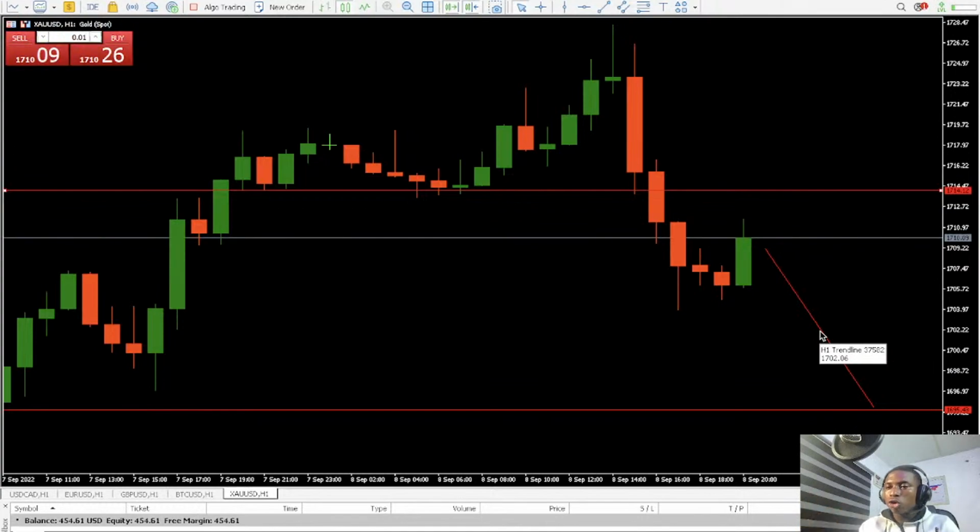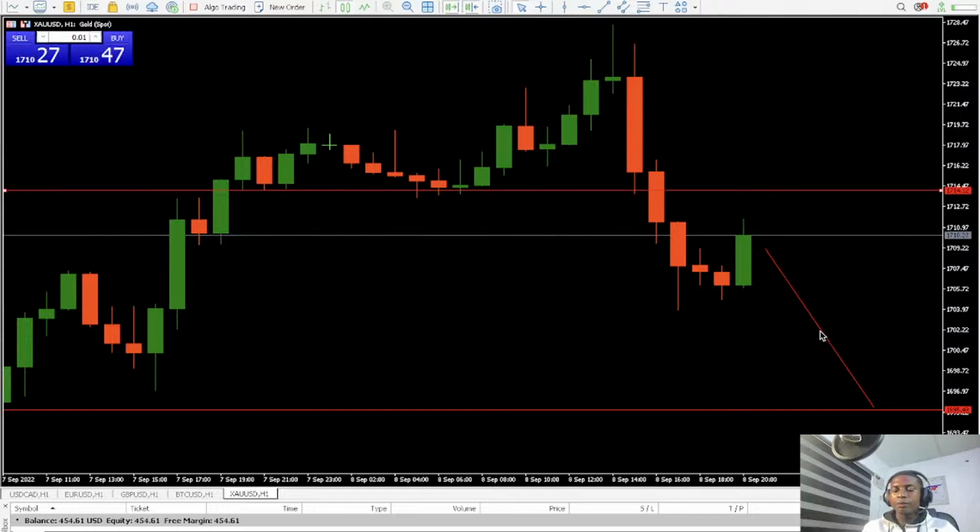If the support is not strong enough, then there will be a further breakout in the bearish direction. All right, good. So what position are we taking now? From our analysis, we can see that this bullish candle here is a retracement candle.